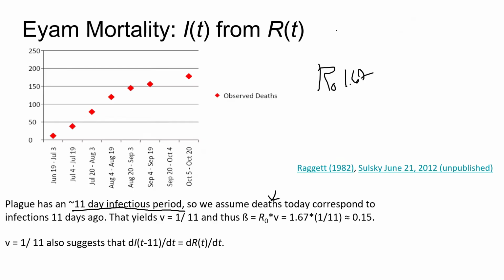So we don't know what beta is yet, but we now know our gamma term, because our gamma term is 1 divided by 11. So we have one infection that occurs over 11 days.